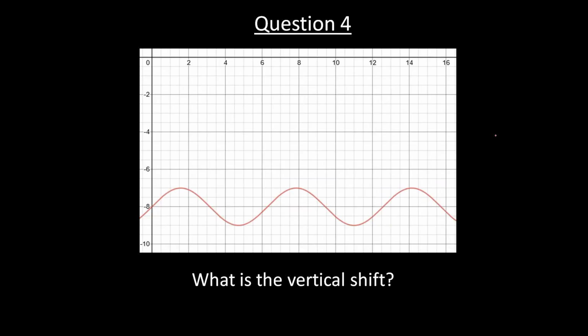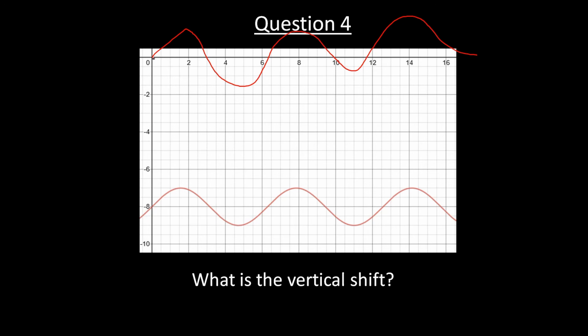So question 4, looking at this graph, what is the vertical shift? In other words, this function I graphed, what do you think D equals? Well, regular old sine starts at 0.